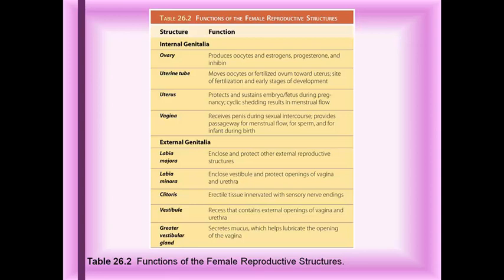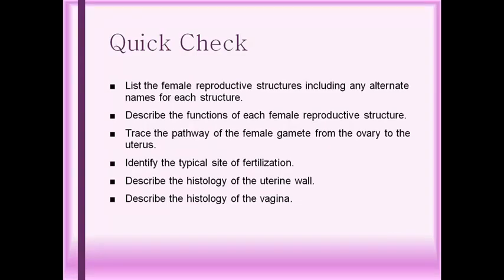Your textbook also does a good job describing the internal and external genitalia in one succinct chart, so you can go back over that to look at function versus structure. So in this section we looked at the female reproductive structures and the alternate names for each structure. We also provided functions for each one of those, and again, that chart is a quick reference.